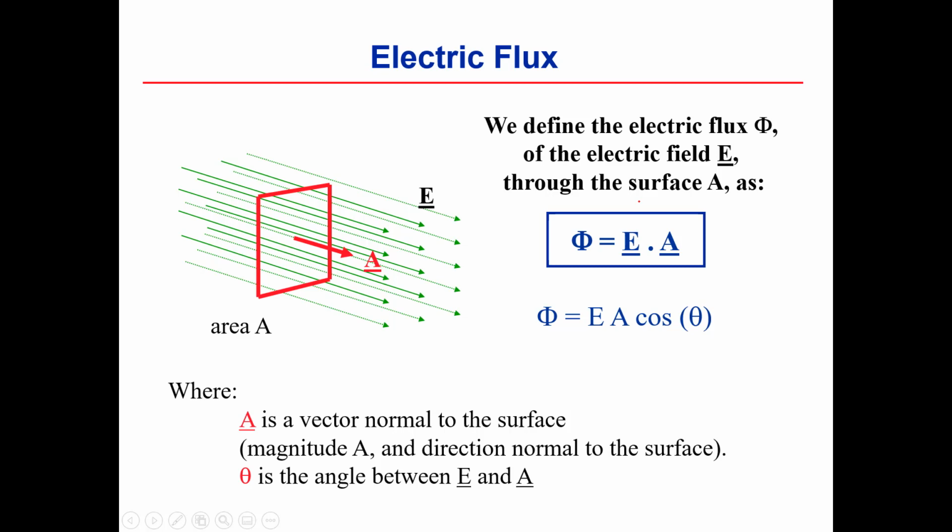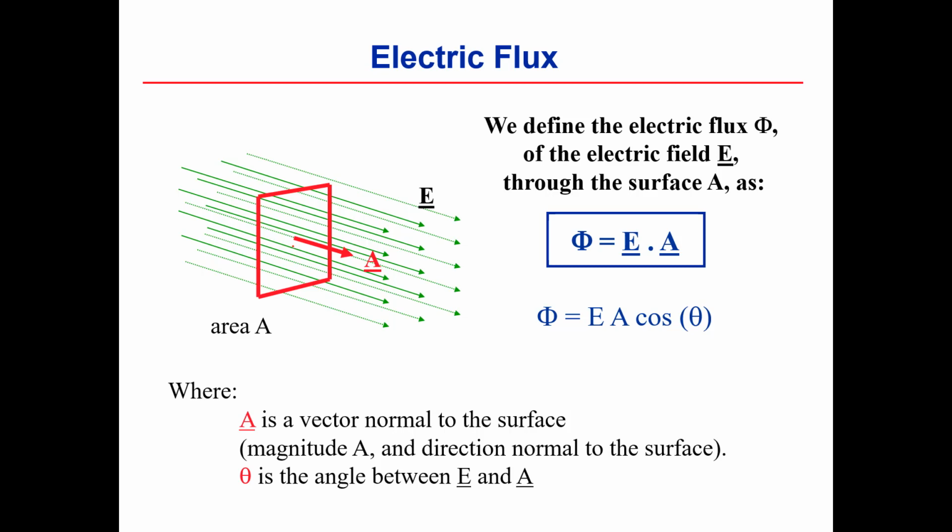We define an area vector that is always normal to the surface. For example, you have this surface, and it is vertically oriented, so the area vector is perpendicular to it. It can point either toward here or toward the back.